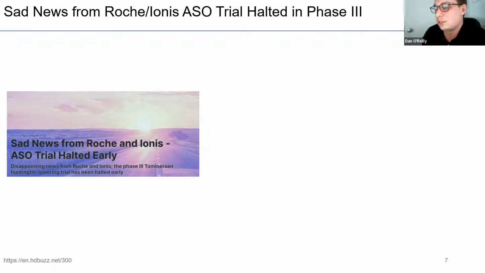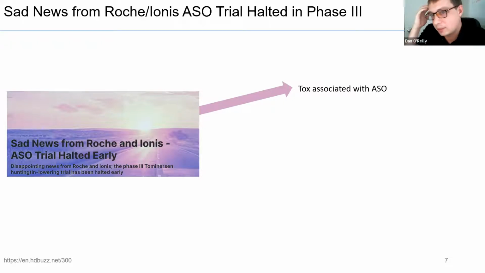There have been a few failures for HD this year, but this is the one I really want to highlight because I wanted to go into more detail about it. There are 3 things to discuss when it comes to this trial. The first is that at the highest doses of the study, the patients got worse, and that's probably because of toxicity associated with the ASO, which probably made the degradation worse and so made the disease progression quicker.